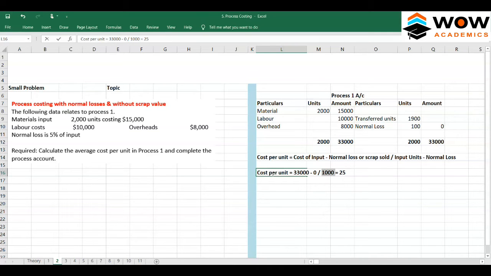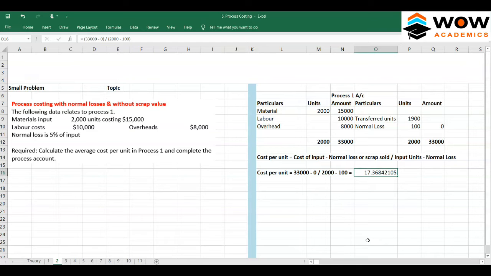And totally we have 2000 units of input units, and we can deduct the normal loss units, which is 100. Solve this, you will get the answer. So let's see how much answer we get. Okay, we get 17.36.